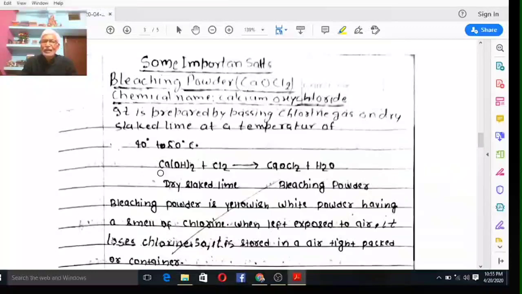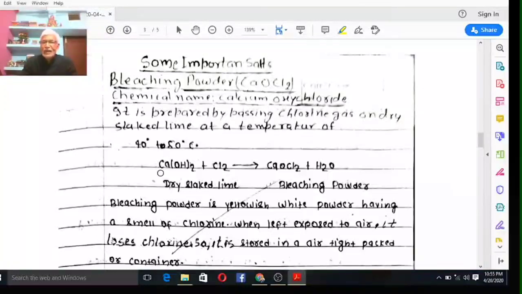Now we shall read about some important salts which have been given in our NCERT book and in our syllabus. The first is bleaching powder. Its chemical formula is CaOCl2. Its chemical name is calcium oxychloride.